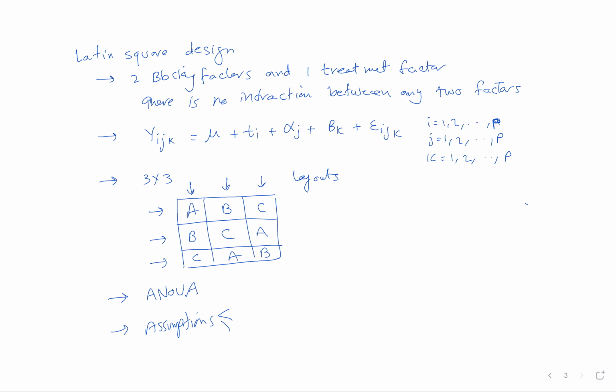Okay. The third design covered in this chapter is the Greco-Latin square design. In Greco-Latin square design, we have three blocking factors and one treatment factor.